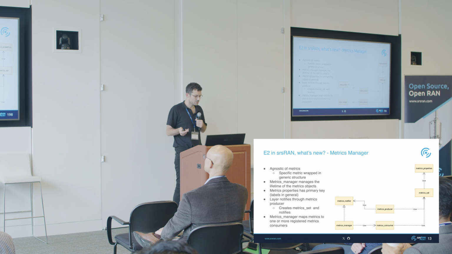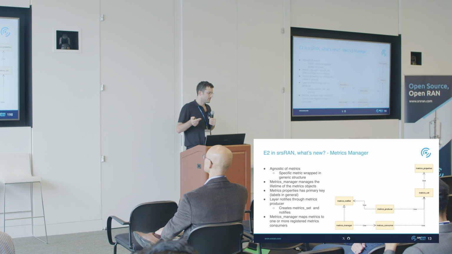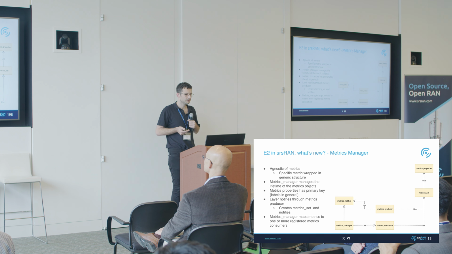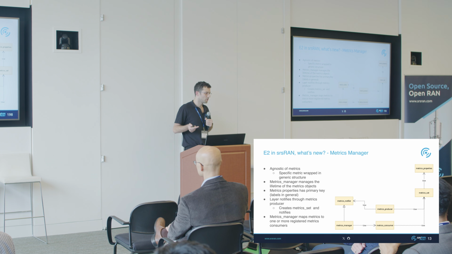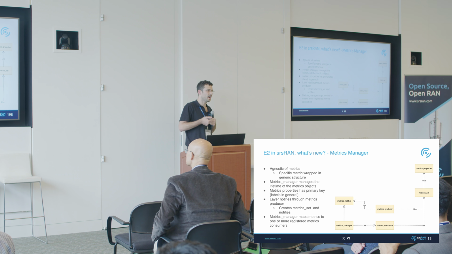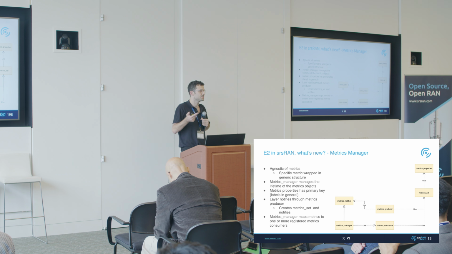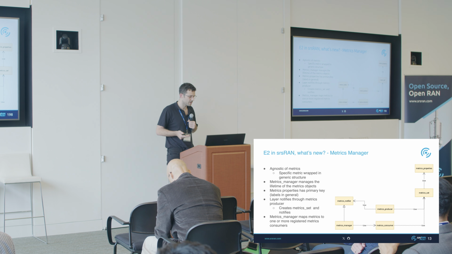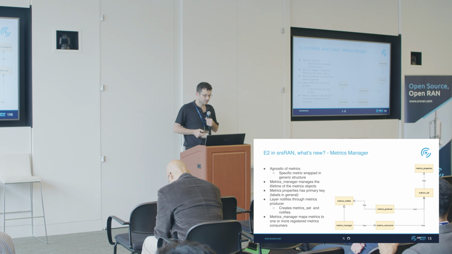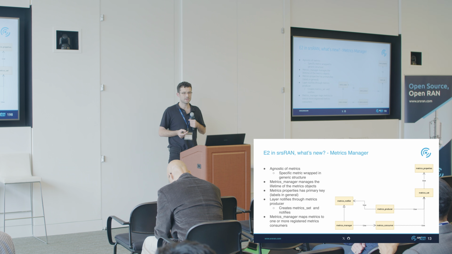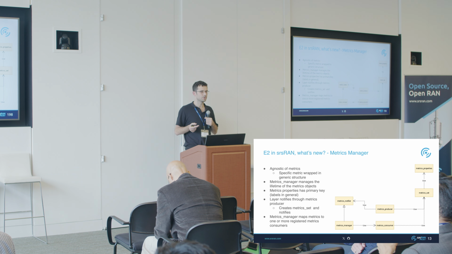It has been designed in such a way that the metrics manager is agnostic of the actual metrics that it's managing, so it's closed for modification but open for extension. You can add metrics or change the metrics that you're using, and the metrics manager doesn't need to be modified because you've changed the underlying metrics. The metrics manager is also designed so that we'll be able to turn different producers and consumers on and off at runtime.